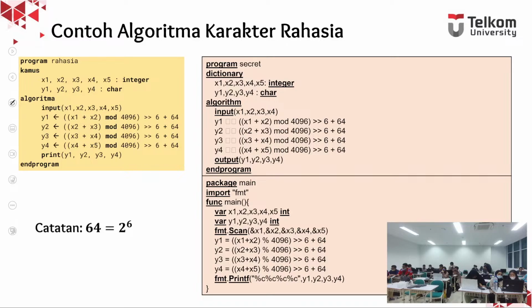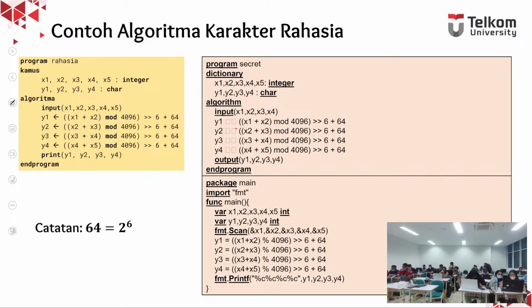You just need to follow all the instructions. And then here you will see print y1, y2, y3, y4. You don't need to specify the ASCII conversion because this is algorithmic notation. It will depend on which programming language you use. Okay. So it will print the character that represents this number.